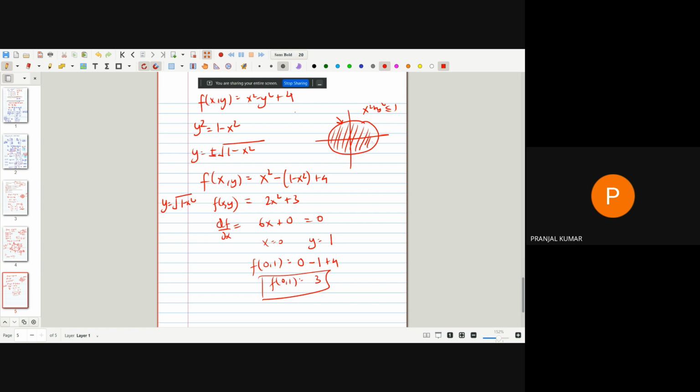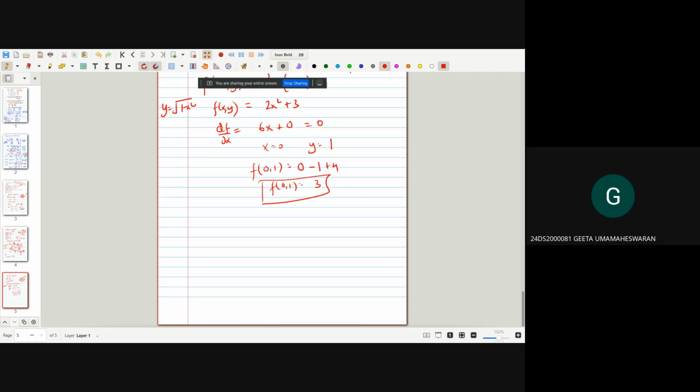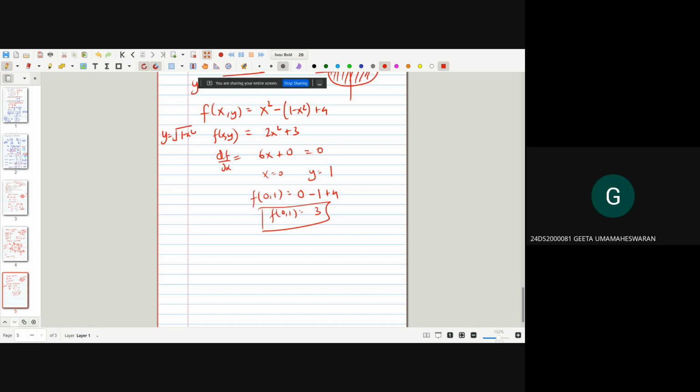Okay, so this is the positive part. But again, it is telling you nothing about the 1, 0 point. At 1, 0 we have to again substitute x in terms of y.